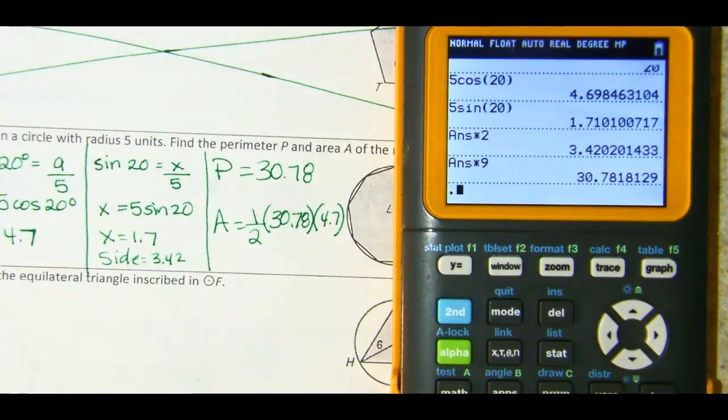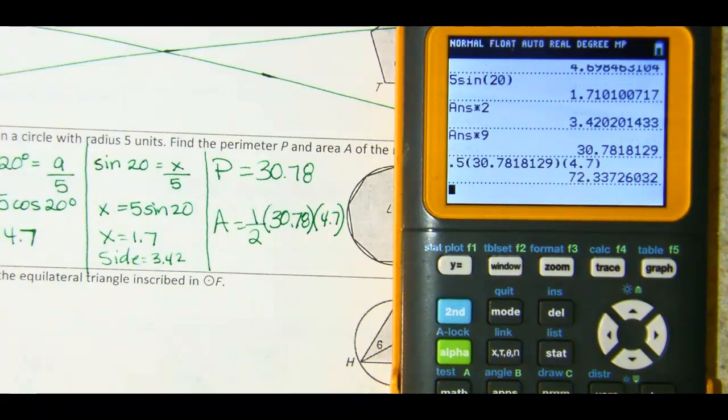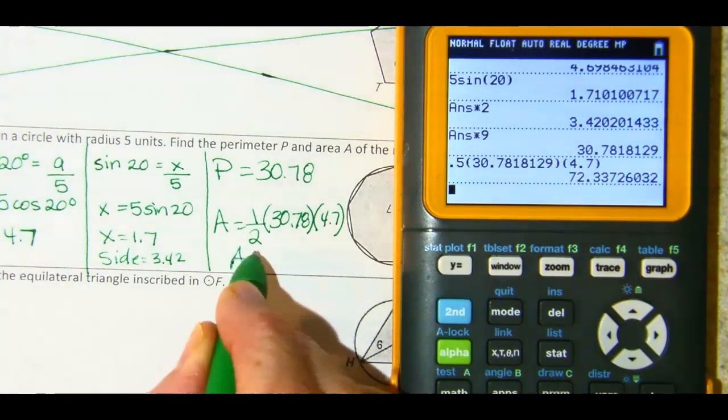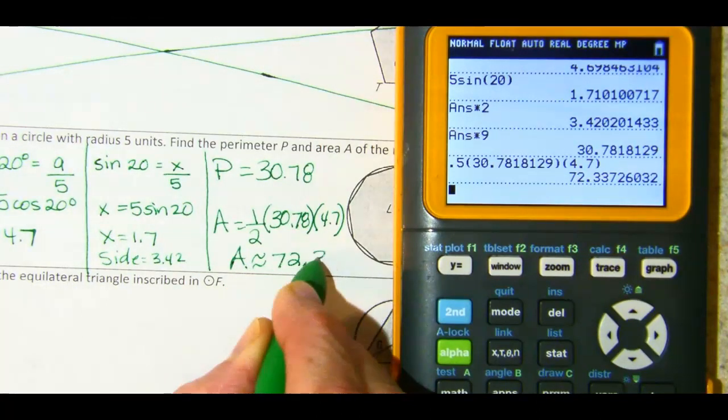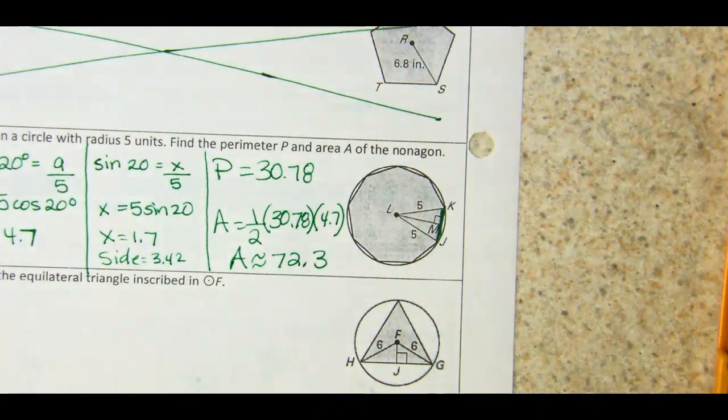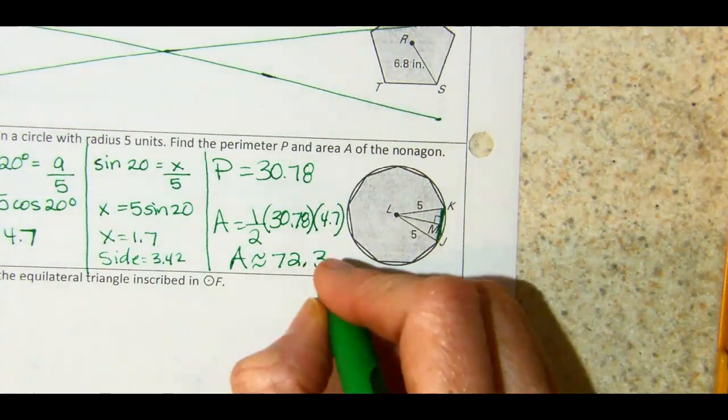So 0.5 times this answer times 4.7, and that is going to give me the area is approximately 72.3, and the units for this one is just units squared.